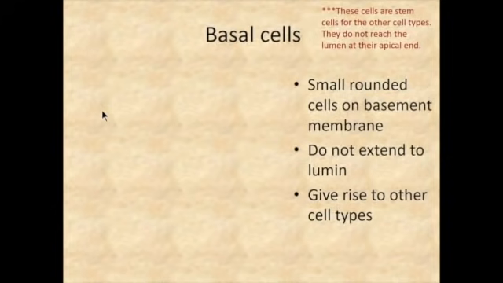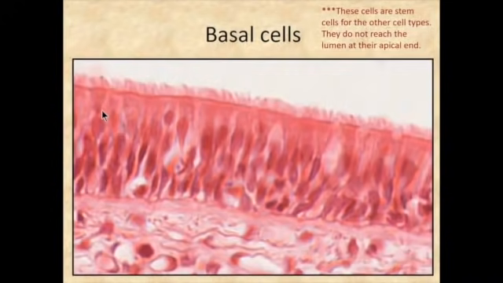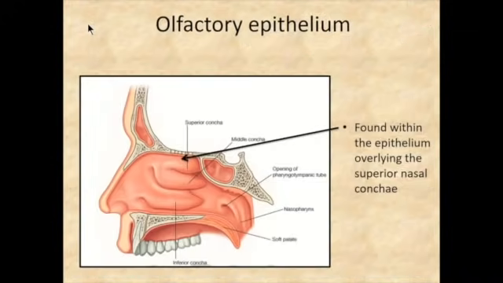So these basal cells are more like a universal type of cell that will be in lots of epithelial sheets instead of just targeted to the respiratory system. In this picture here, I pointed out several basal cells so that you can see where they're located. The nuclei are going to be the most basally located.